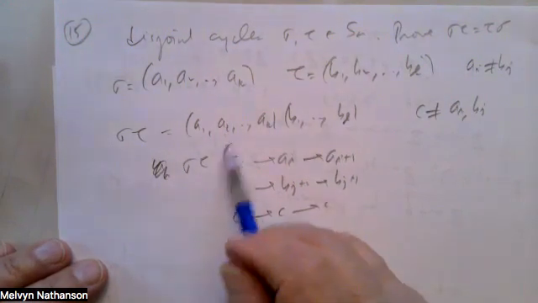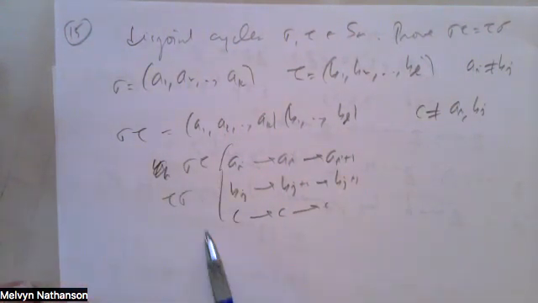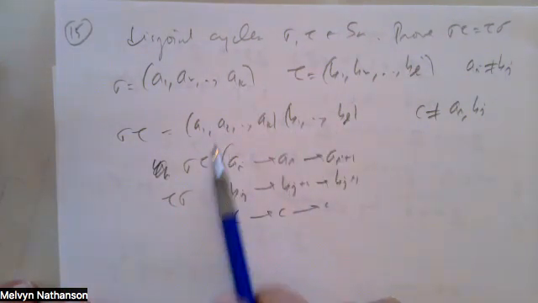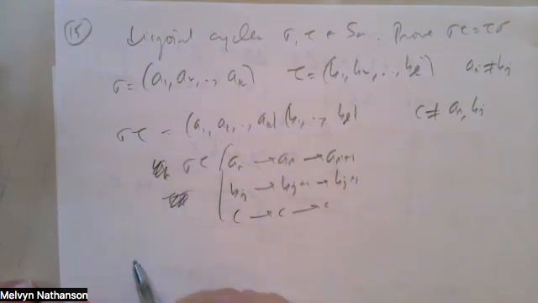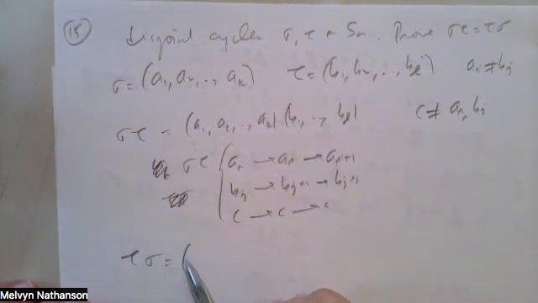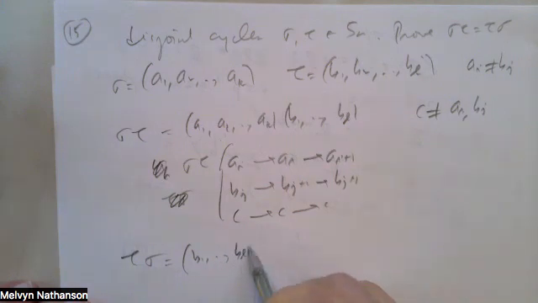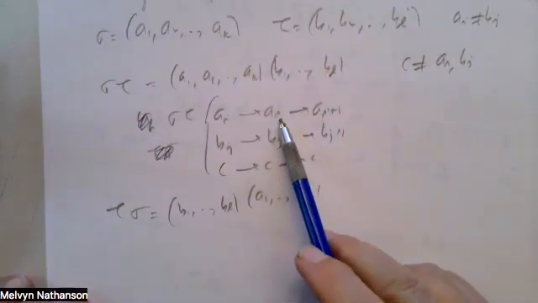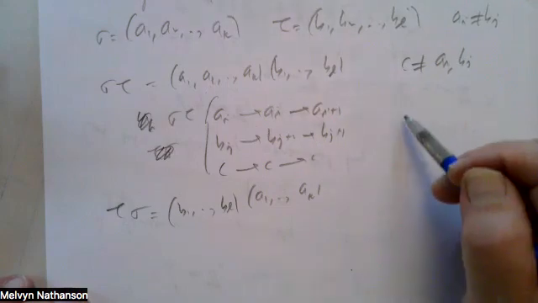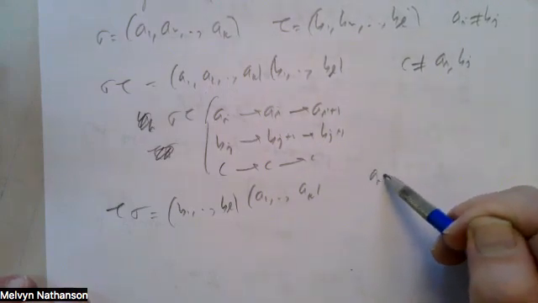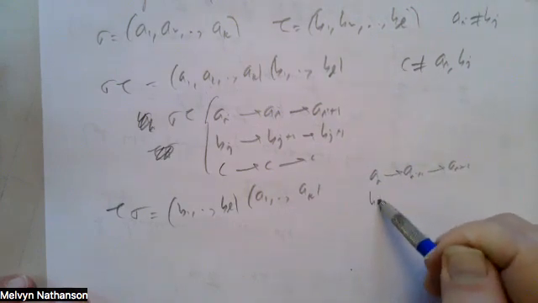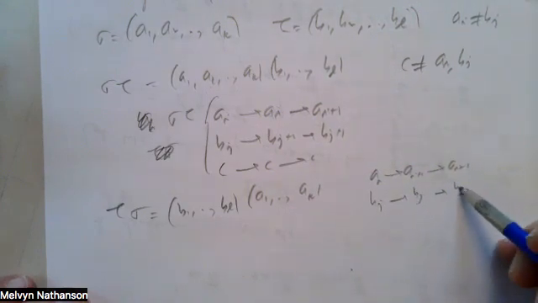And if you check, how does tau sigma act? It's the same thing. Tau sigma is (b_1 up to b_l)(a_1 up to a_k). It acts the same way. a_i goes to a_i goes to a_(i+1). b_j goes to b_(j+1) goes to b_(j+1).